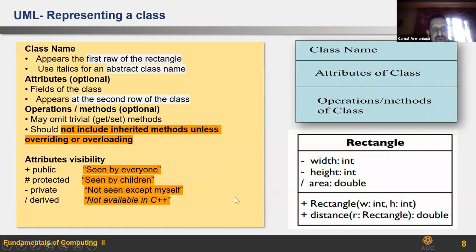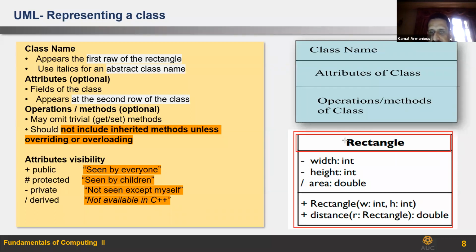I think you know this by now, so this is sort of a review for you as well. So basically, this is the class, and this is the class name.